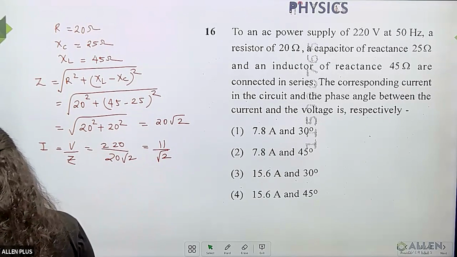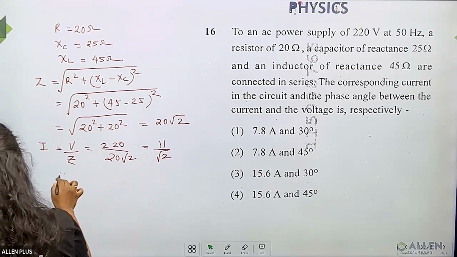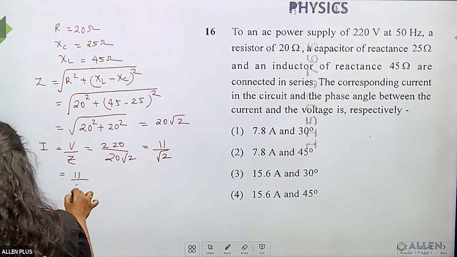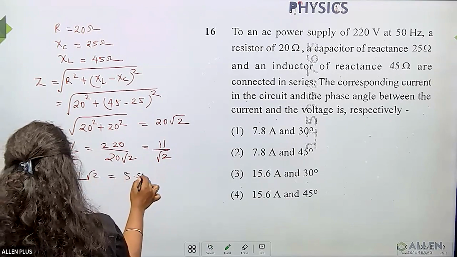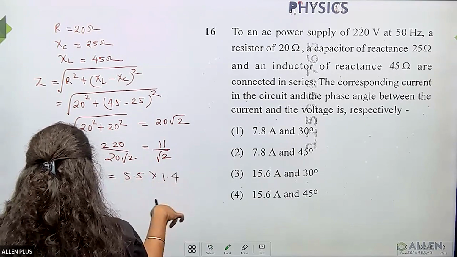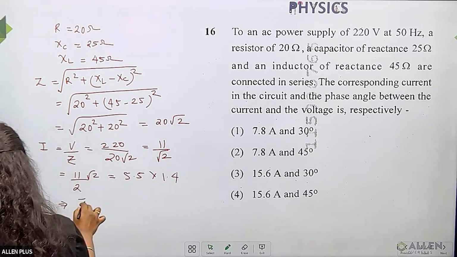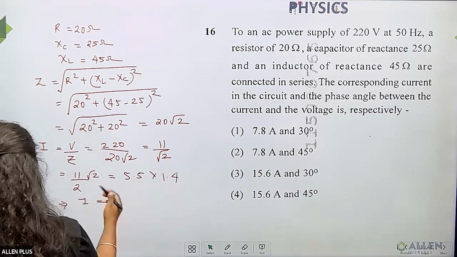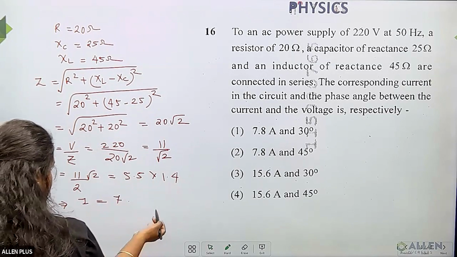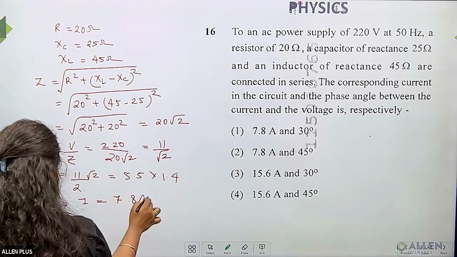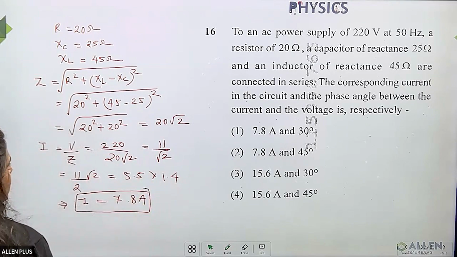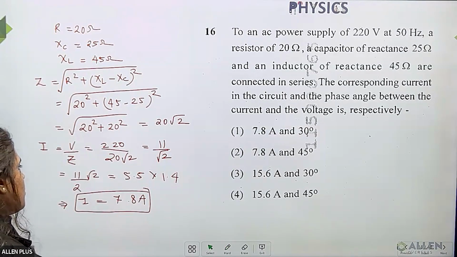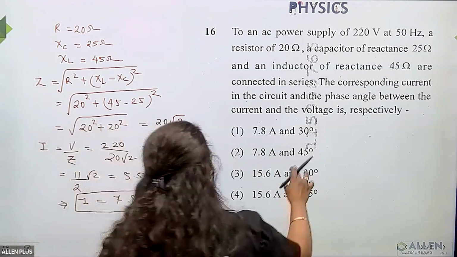How else can you obtain 11 by root 2? You can say this as 11 by 2 root 2 for easier simplification, or 5.5 into 1.4, or I can get current is equal to 7.8 nearly. Definitely it is not something near to 15.6. So either of these options is the correct one.